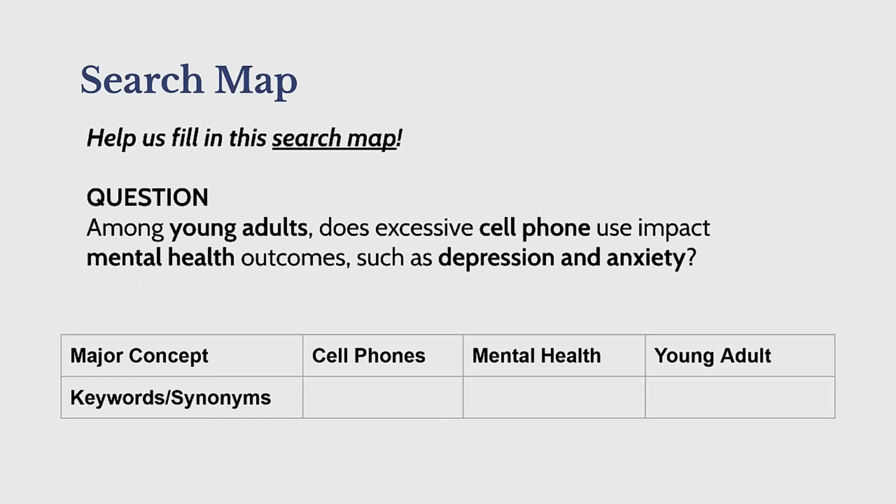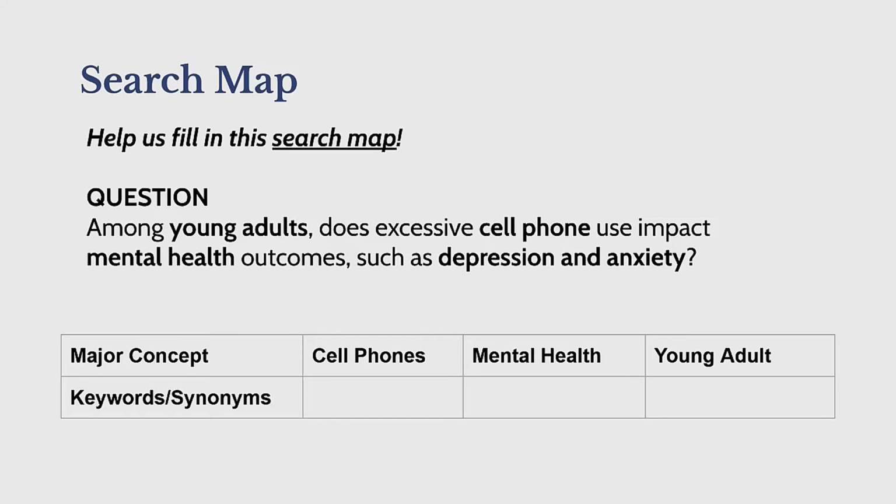You can open that up and it'll have a very similar table to what we have on this screen here. Carolyn and I are getting your help to fill in this search map. The whole idea is we have our research question.